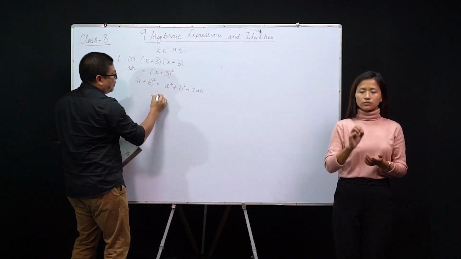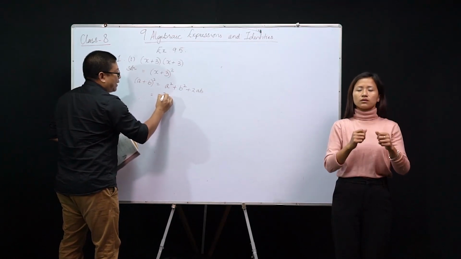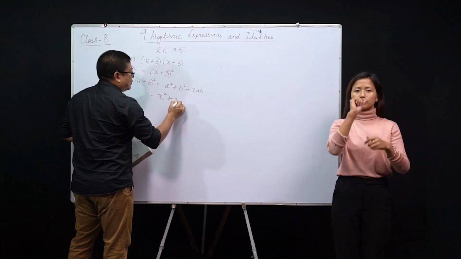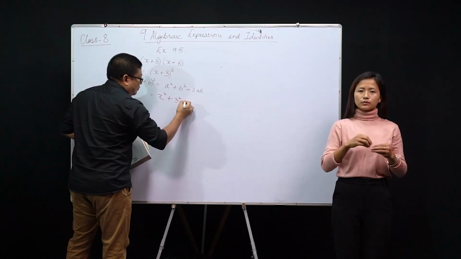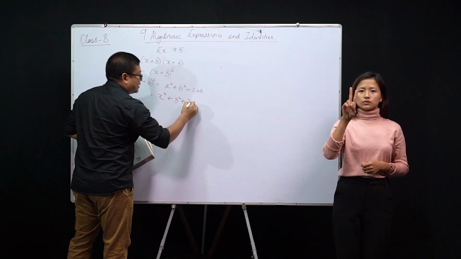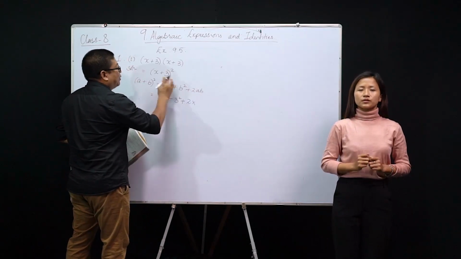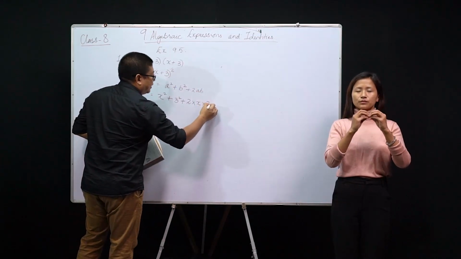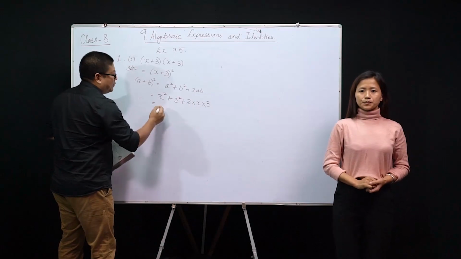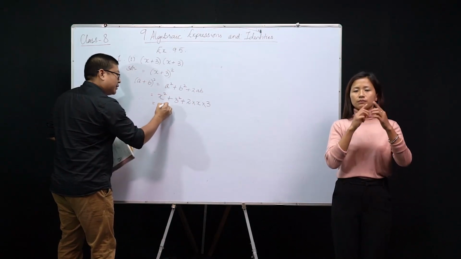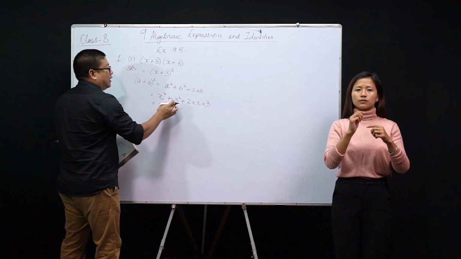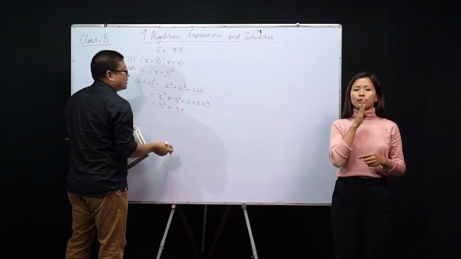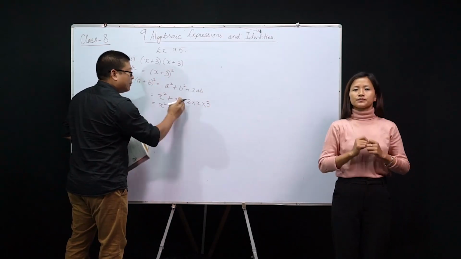So in place of a, we will write x. So a square will become x square, plus b square will become 3 square, plus 2 will remain as it is into a will become x, b will become 3. After that, it is simple multiplication. X square will not change, plus 3 square will become 9, plus these terms you can multiply directly.